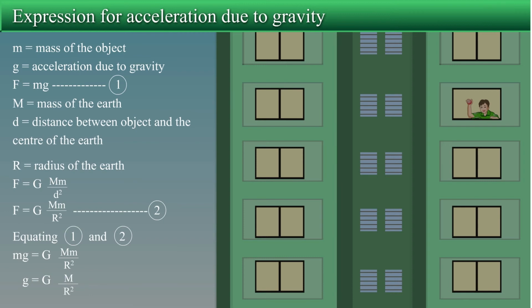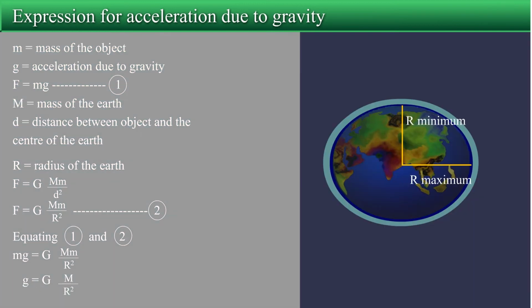The Earth is not a perfect sphere. As the radius of the Earth increases from the poles to the equator, the value of g becomes greater at the poles than at the equator. For most calculations, we can take g to be more or less constant on or near the Earth.